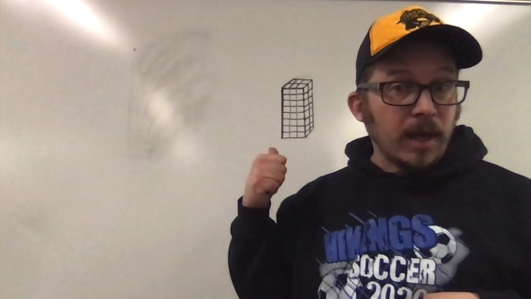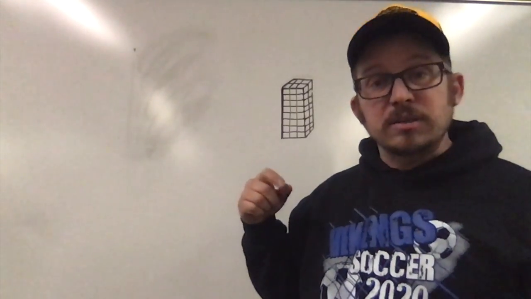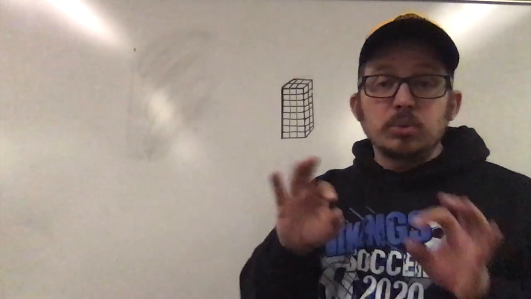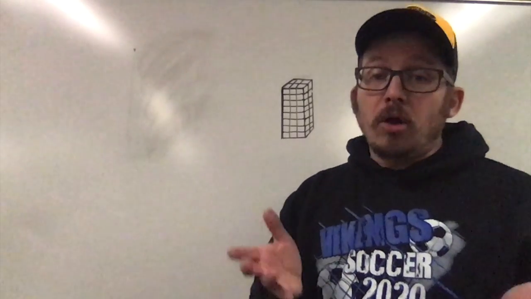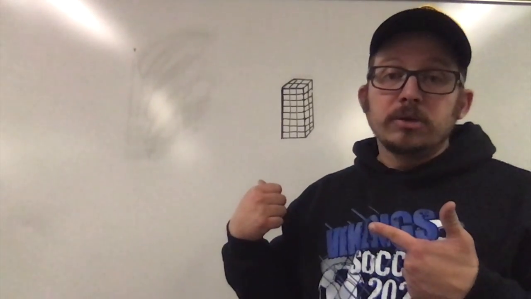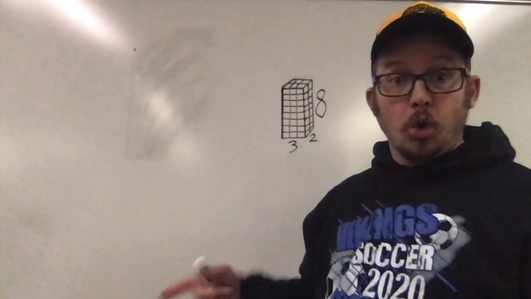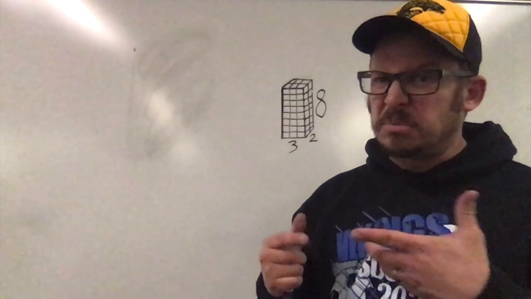But volume in math class is the space inside a thing. We can measure it with little cubes. How many little cubes could we stack inside our rectangular prism to get the volume? The volume of this one is 2 by 3 by 8. I think I've heard those numbers somewhere before.